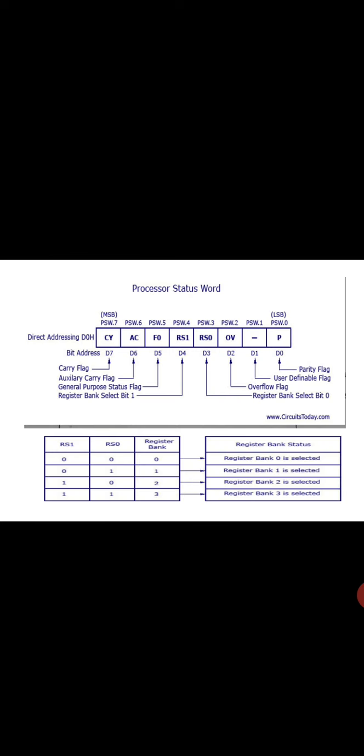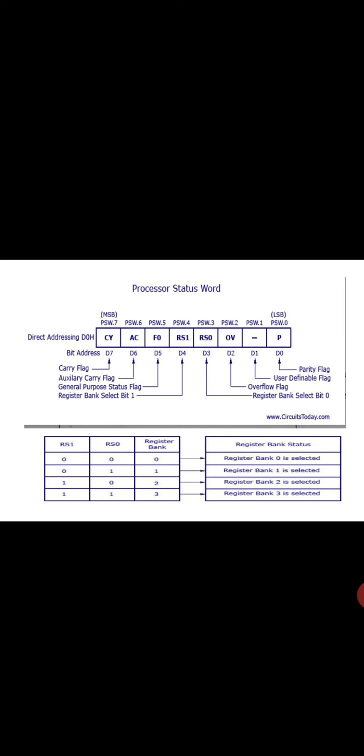Here from the diagram, PSW register is shown where D0 bit of PSW shows parity flag, D2 indicates overflow flag, D1 is user definable flag, RS1 and RS0 are used to indicate register bank, D5 indicates general purpose status flag, D6 indicates auxiliary carry flag and D7 of the program status word indicates carry flag.